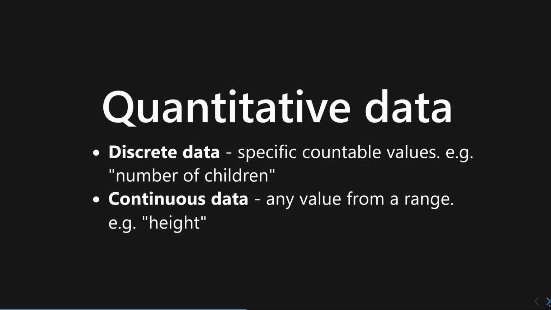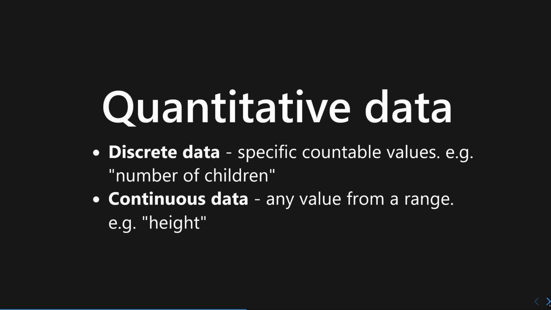Discrete data is specific countable values. For example, the number of children would correspond to discrete data. The way you would see if your data is discrete or not is if your data can have in-between values.